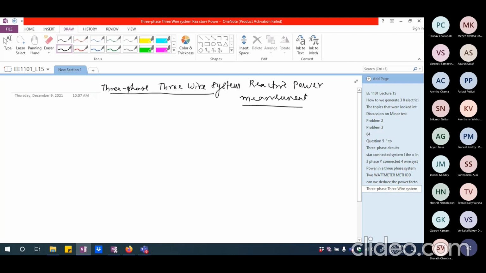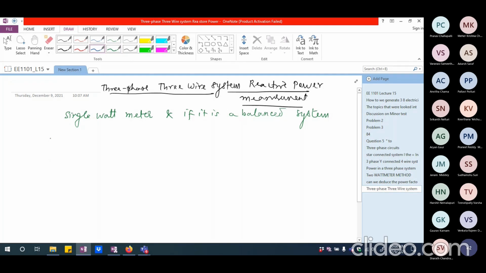Just using a single wattmeter, we should be able to do reactive power measurement, if it is a balanced system. We should be able to do reactive power measurement directly.